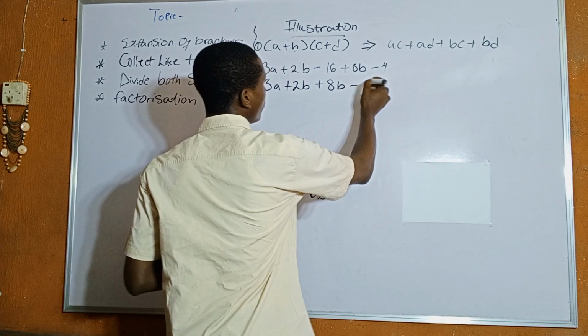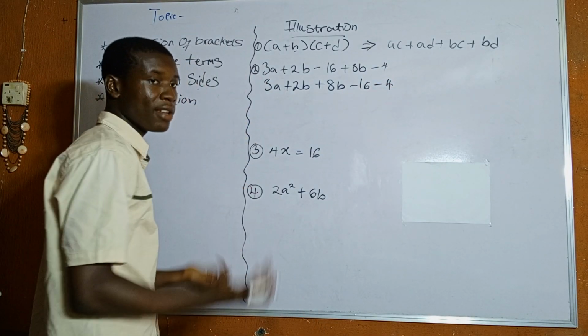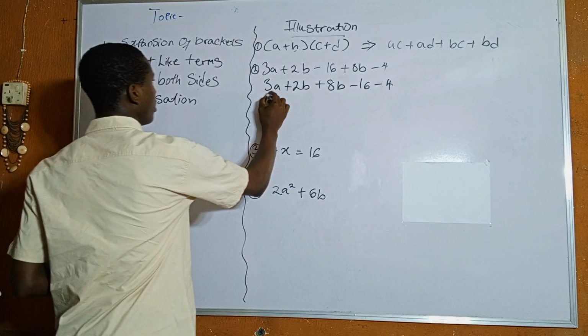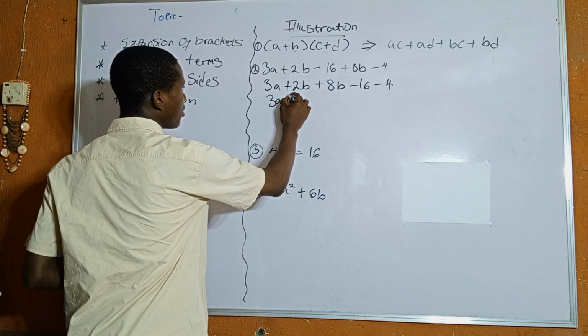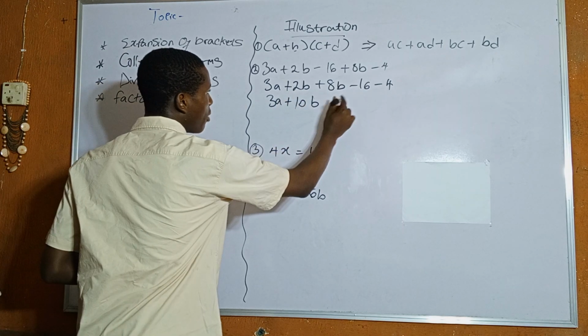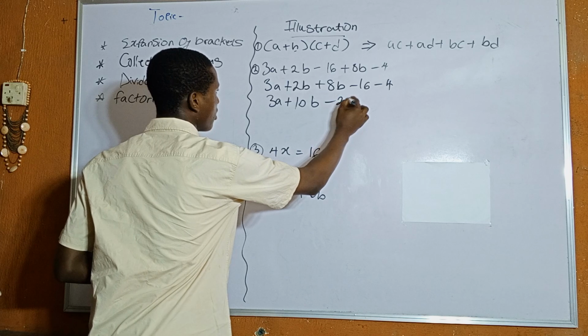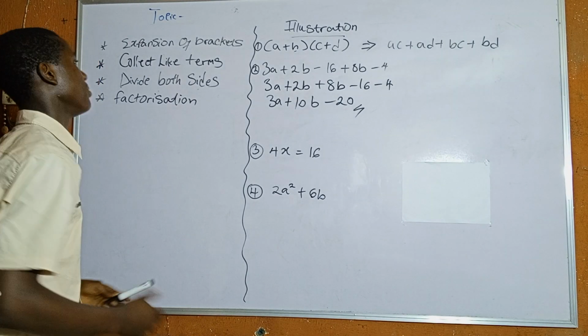So this will become minus 16 minus 4. When we simplify this further, we have 3a, plus 2 plus 8 becomes plus 10b, and this will become minus 20. And that is how you collect like terms.